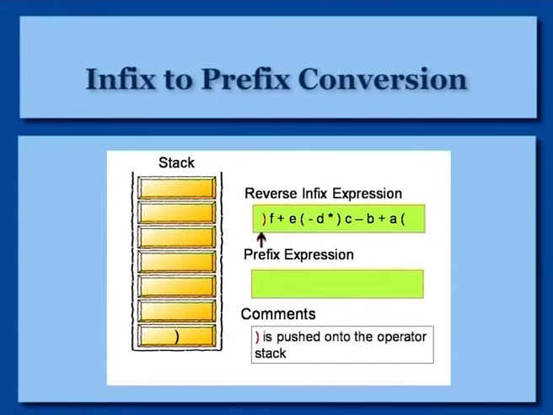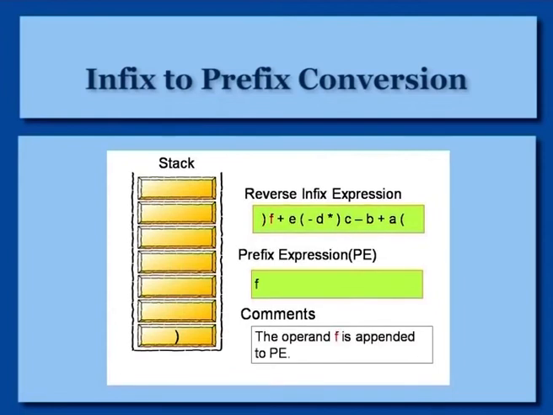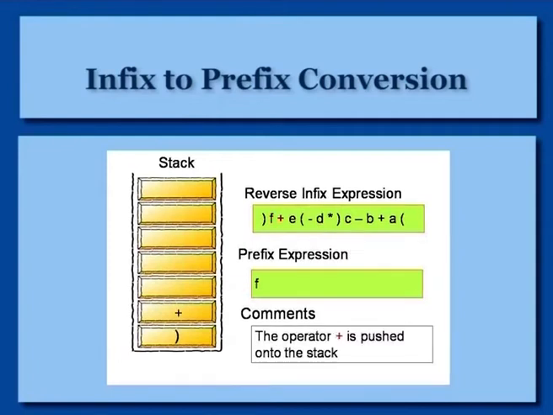The first character, closing bracket, is pushed onto the operator stack. The operand f is then appended to the prefix string. The next character is the addition operator and it is pushed onto the stack. The next character is operand e and it is appended to the prefix string.